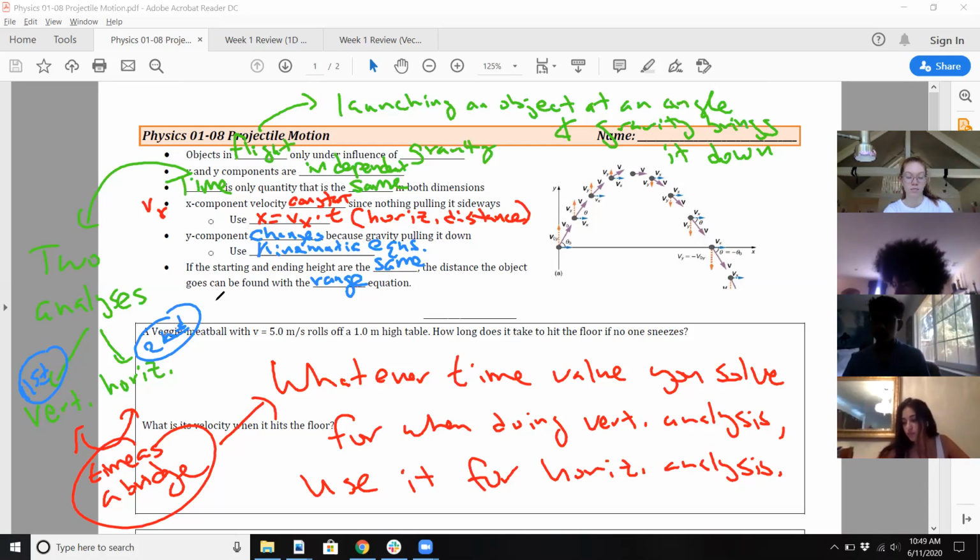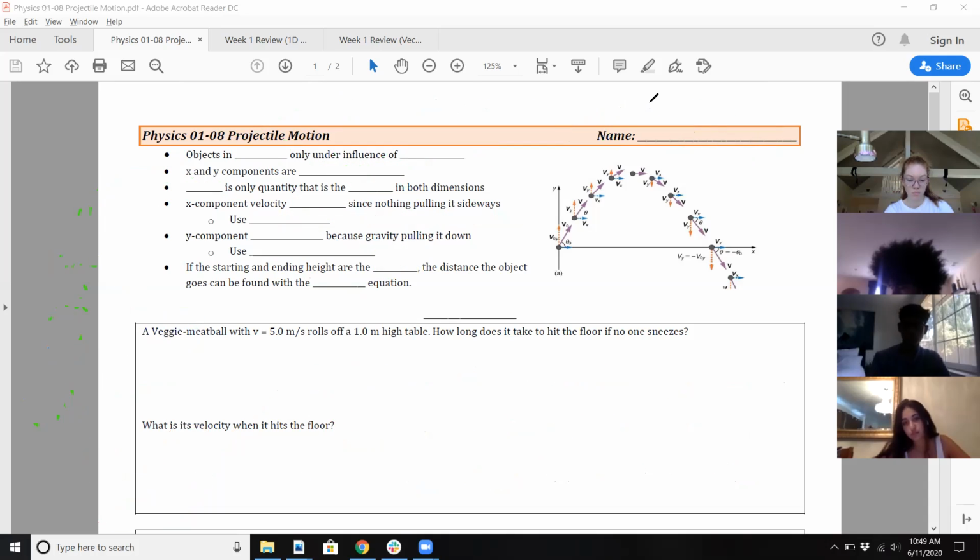Okay, let me just explain the diagram to you, by the way. The diagram looks a little messy here, so let me clear.